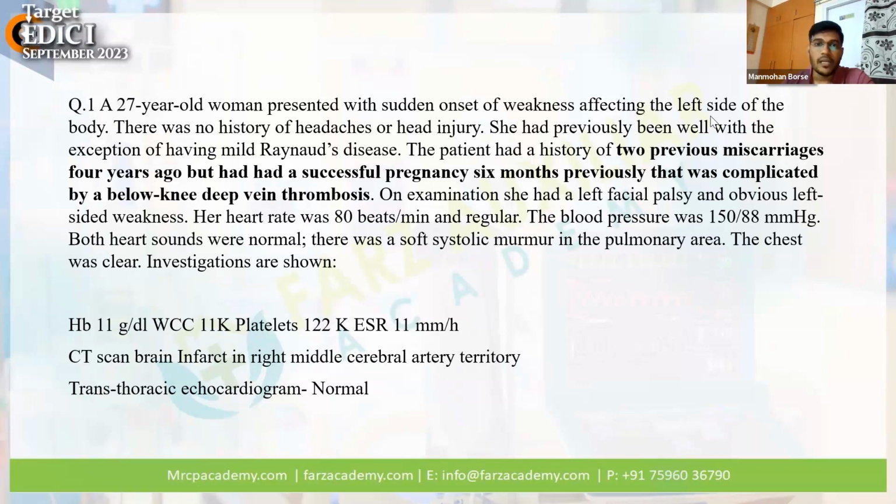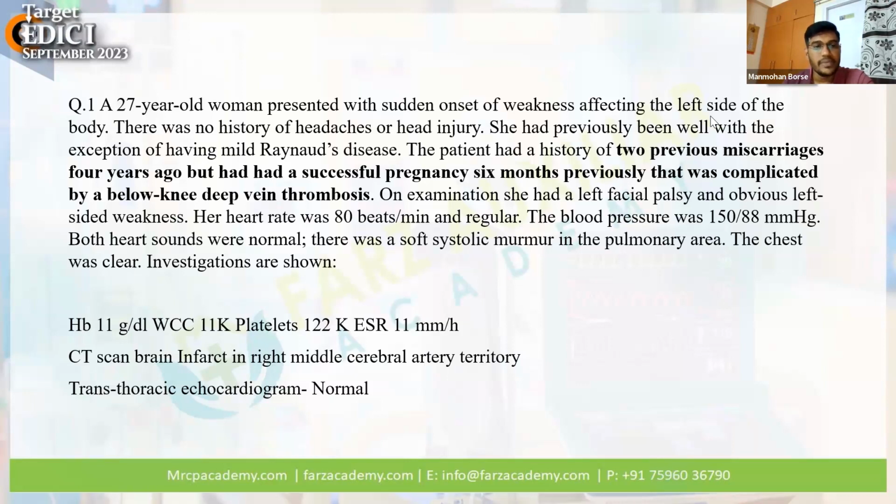On examination, she had a left facial palsy and obvious left side weakness. Her heart rate is 80, blood pressure is 150/88. Her heart sounds are normal, and there is a soft systolic murmur in the pulmonary area. The chest was clear. Her labs: hemoglobin was 11, total count was 11,000, platelets were 122,000, ESR was 11.